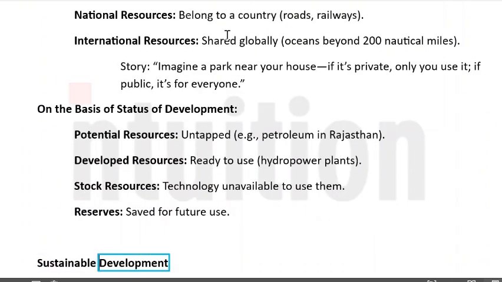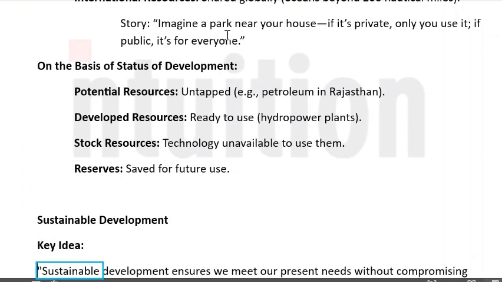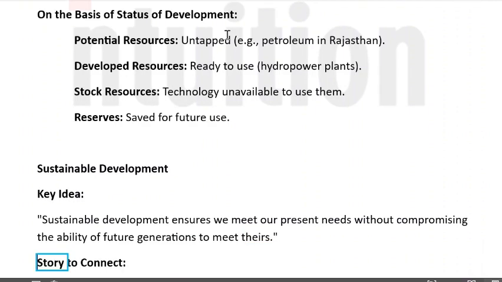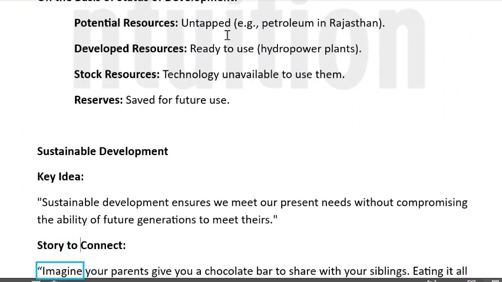Sustainable development. Key idea. Sustainable development ensures we meet our present needs without compromising the ability of future generations to meet theirs. Story to connect. Imagine your parents give you a chocolate bar to share with your siblings.